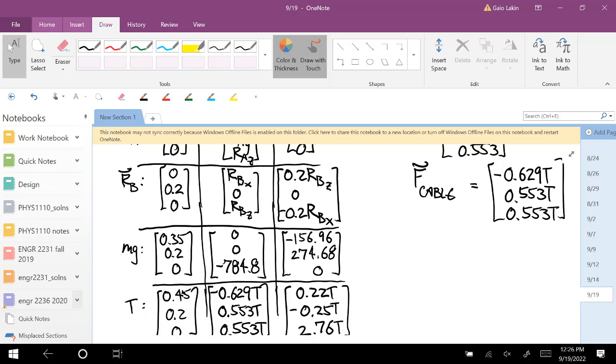So how many variables? We know we have 6 equations. How many variables do we have? We have 6. So unless one of these equations is a linear multiple of some of the other equations, we'll be able to solve this.